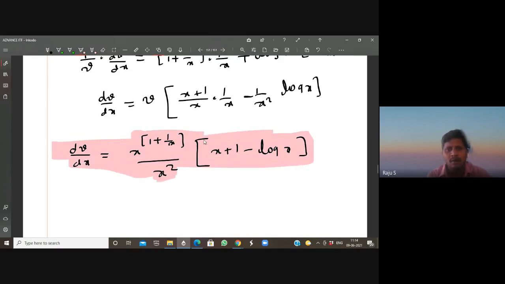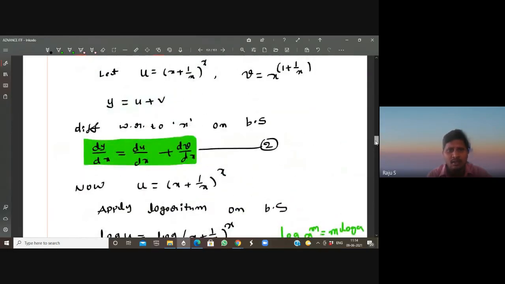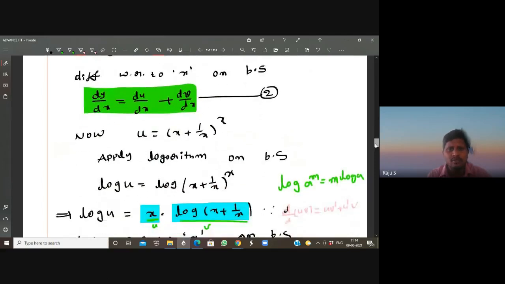Fine. So after getting this dv by dx, where shall we substitute? In equation 2.